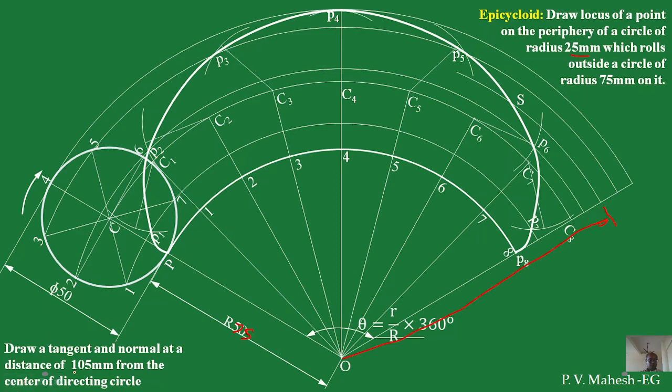What is this distance? It is equal to 105 mm. With this distance, I am drawing an arc onto the epicycloid. So this point is S. With S as center and the radius of the rolling circle, I am cutting the center line.